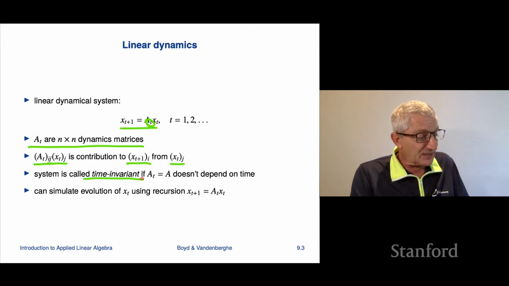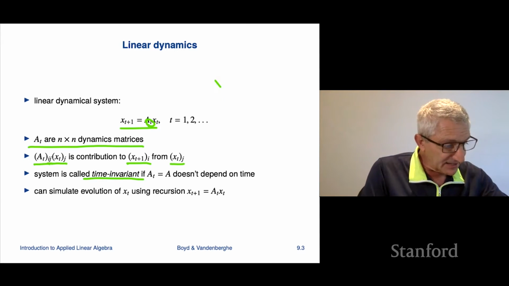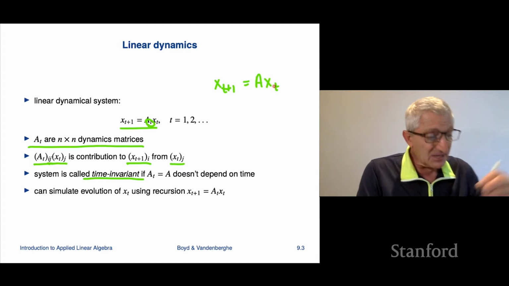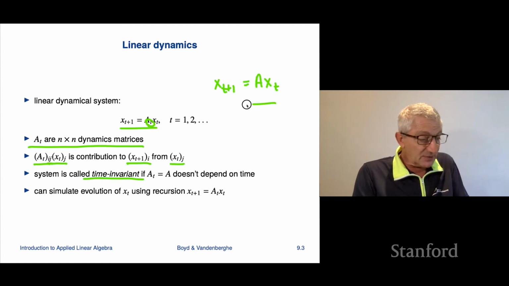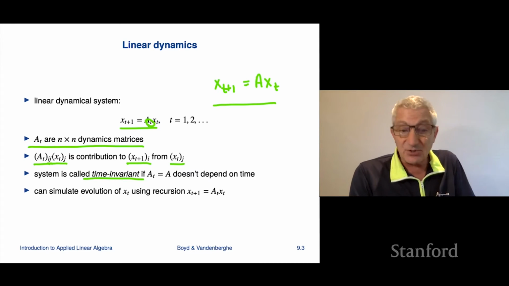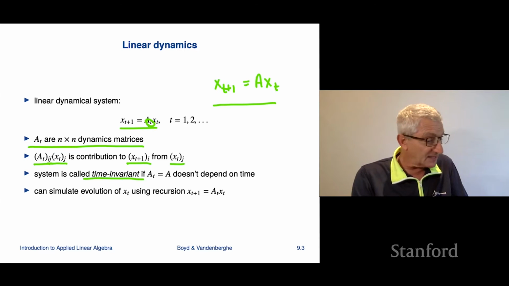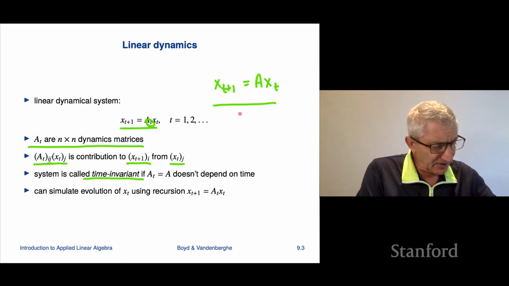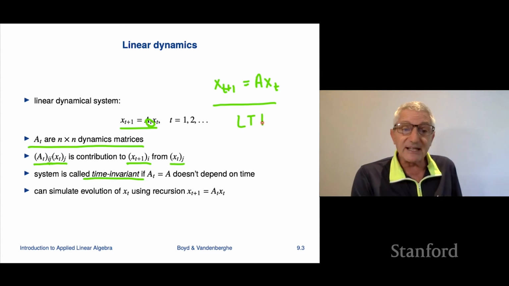And then if it looks like this, xt plus 1 equals simply A xt, we would say that this is a linear time invariant dynamical system. Okay, so that's something you'll hear, and sometimes you'll hear the phrase LTI for linear time invariant dynamical system.